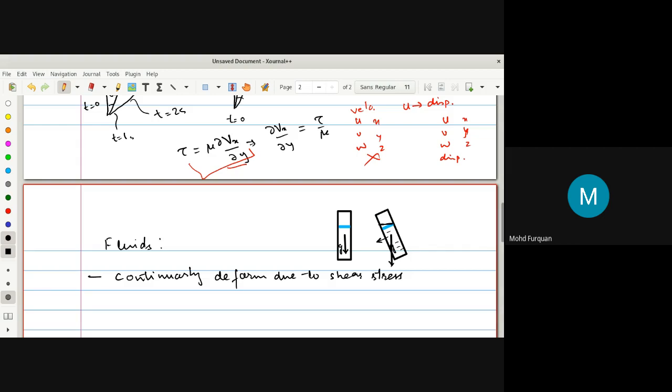So that is what I was trying to explain. The fluid will keep on deforming till it reaches a position at which the surface becomes like this, and once the surface becomes like this, all those internal shear stresses will vanish. The fluid cannot bear those shear stresses. It will keep on deforming as long as those shear stresses are there.